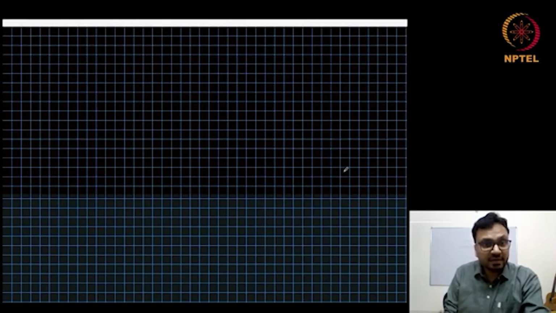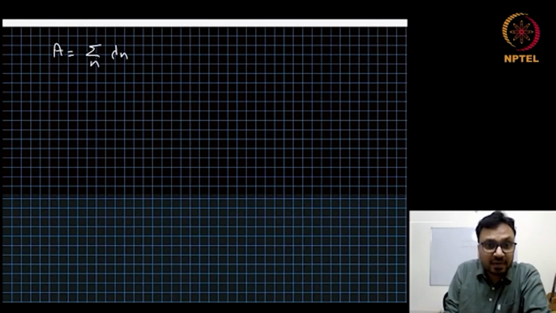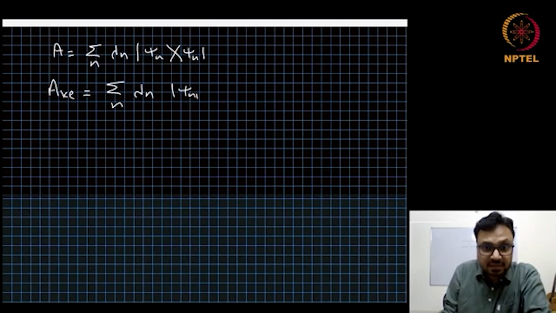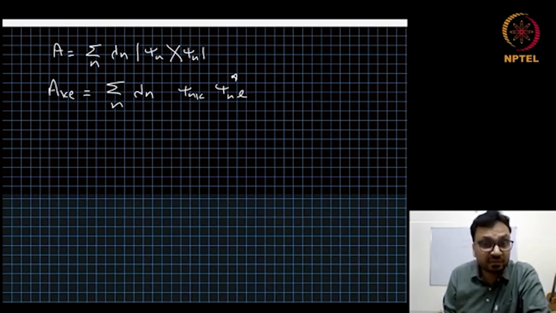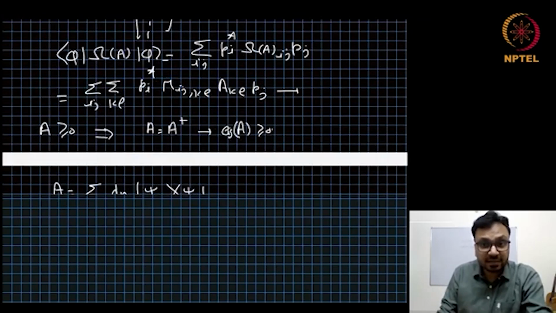So we can write the spectral decomposition of A, which is sum over n lambda n psi n. From here we can calculate the KL element, which will be sum over n lambda n psi n k psi n star l. That will be the KL element of this matrix. We can substitute it in this expression.